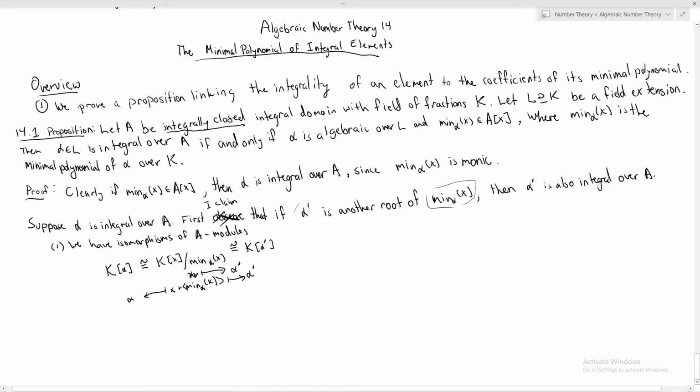This is an important ring theory fact. Now, what can I say about K[alpha] and K[alpha prime]? Well, we want to use one of Dedekind's criteria of integrality.